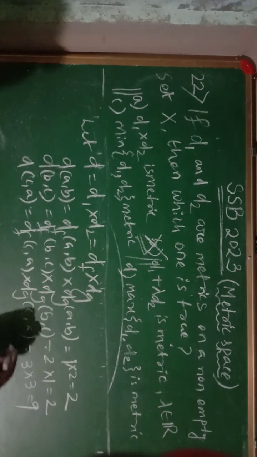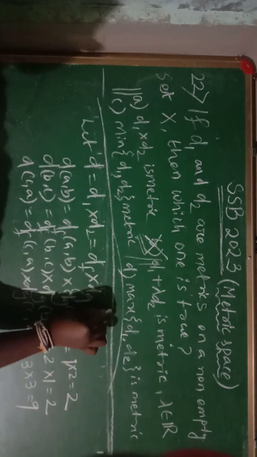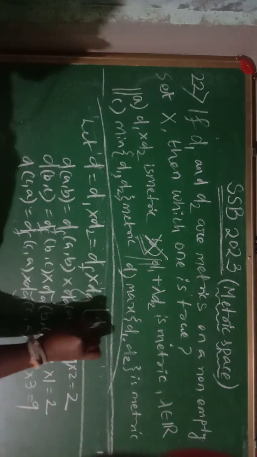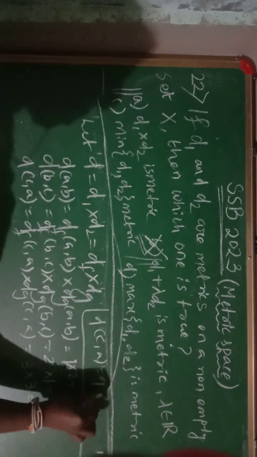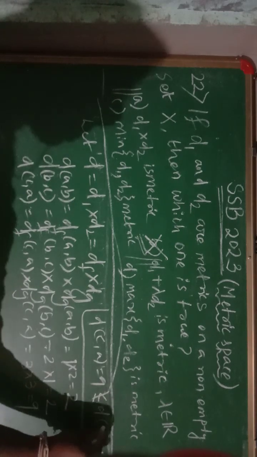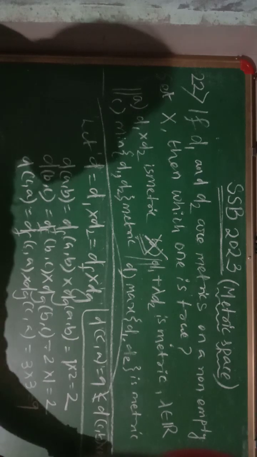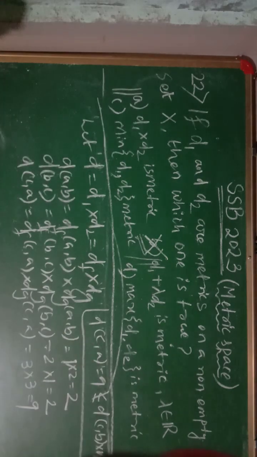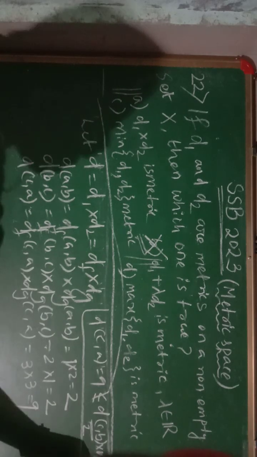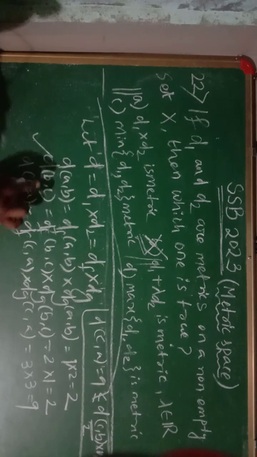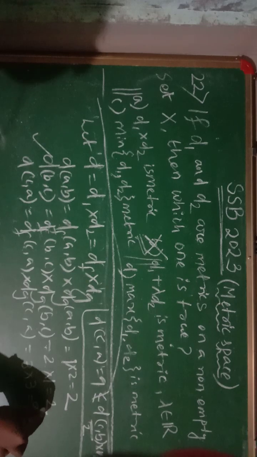Okay, we can easily check here that D of C comma A is equal to 9, which is not less than or equal to D of C comma B into D of B comma A. This one is 2 and this one is also 2. D of B comma C equals D of C comma B. 1 cross 2, 2 cross 1 is always 2.